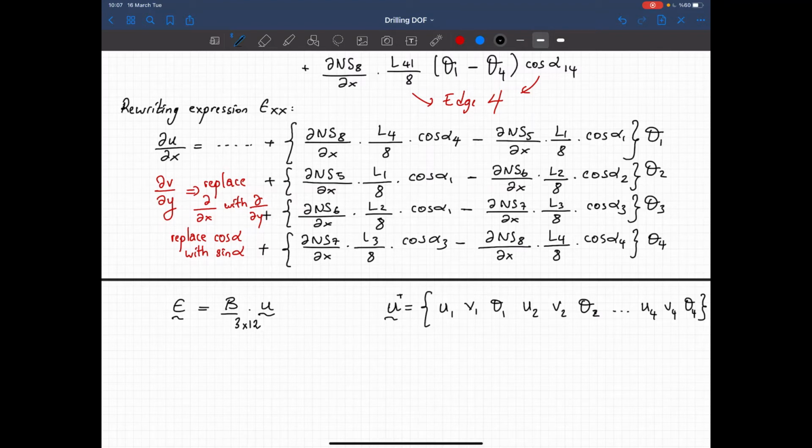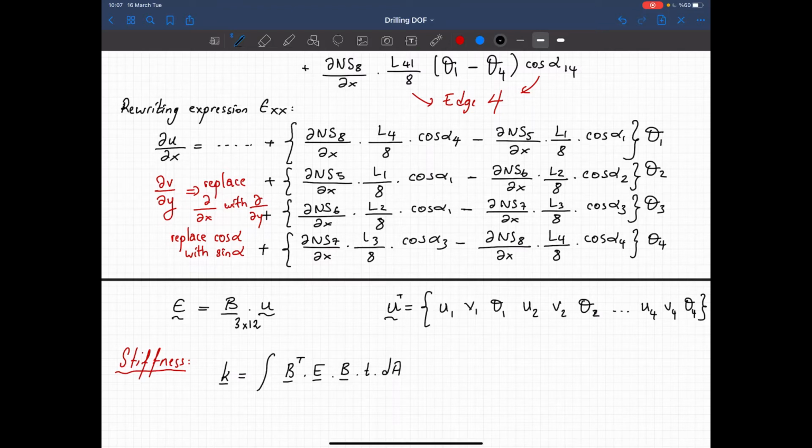And again, for the stiffness matrix, you can repeat the same procedure. Start from the energy functional, take the first derivative, and in that case K can be evaluated as the integral of B transpose E times B, integrated times thickness dA. And this expression will give you the stiffness matrix.